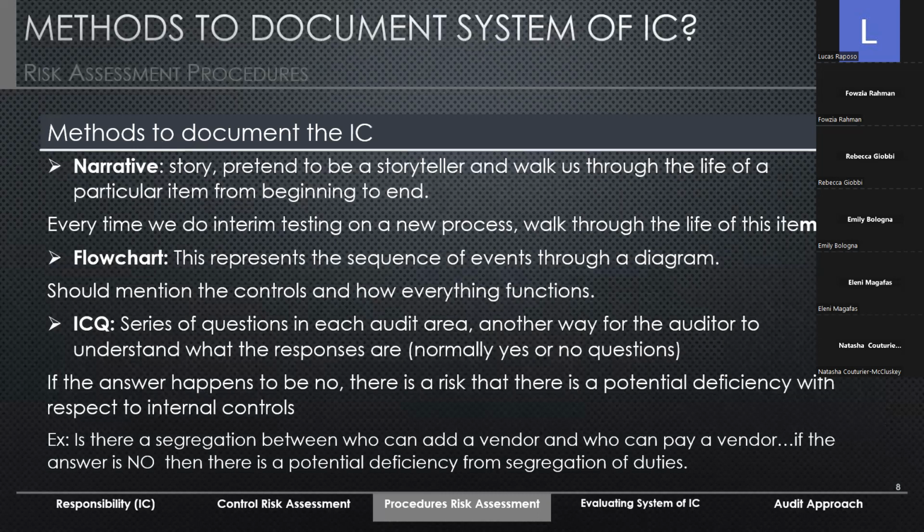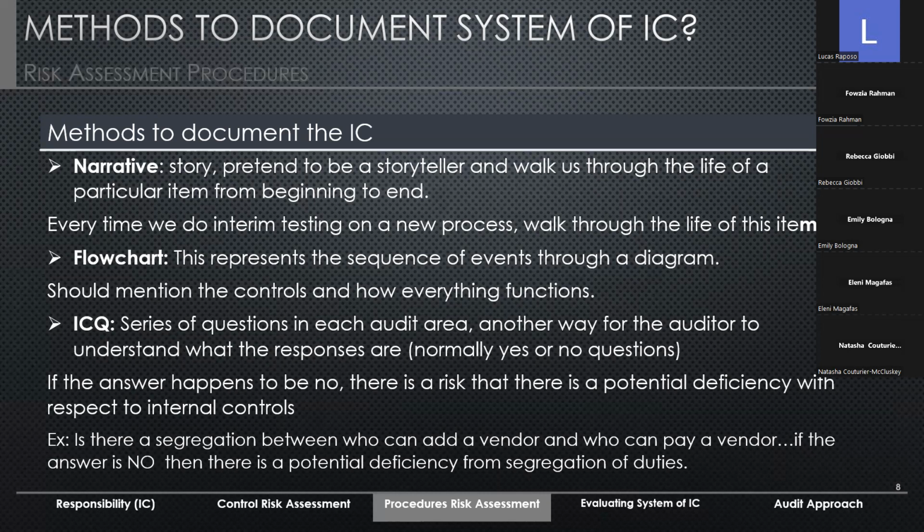Okay, so these are the methods to document the system of internal control. There are 3 ways to do it. That's one of the procedures that you could be doing. So narrative, right? Pretend it's a story. Every time we do interim testing on a new process, walk through the life of this item. Just tell how it operates, just basic steps.